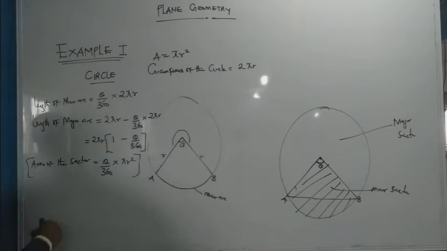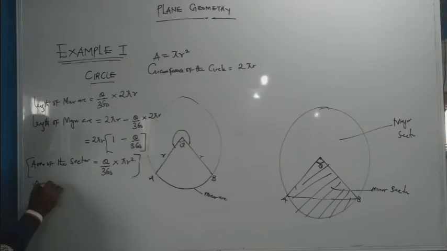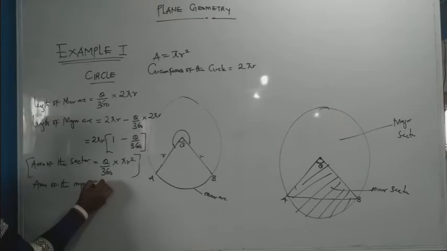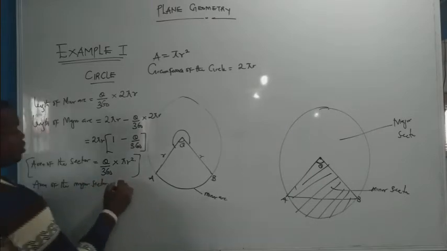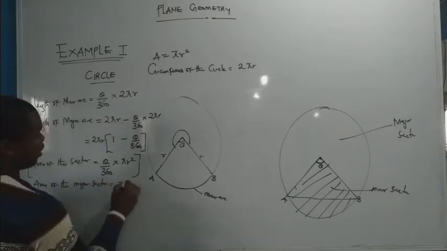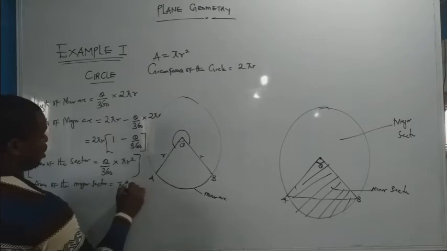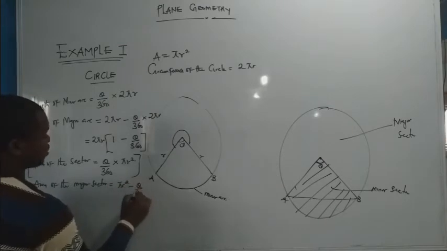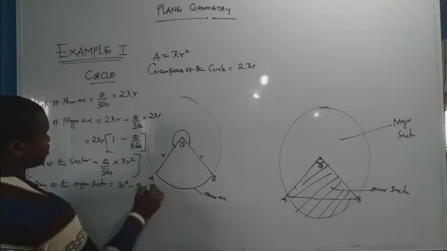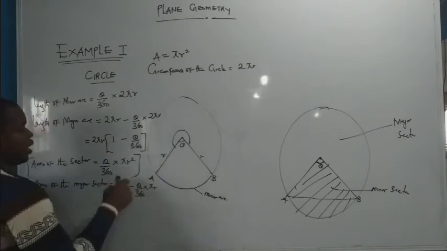So if you are asked to calculate the area of the major sector, the area of the major sector is equal to pi r squared minus theta over 360 times pi r squared.